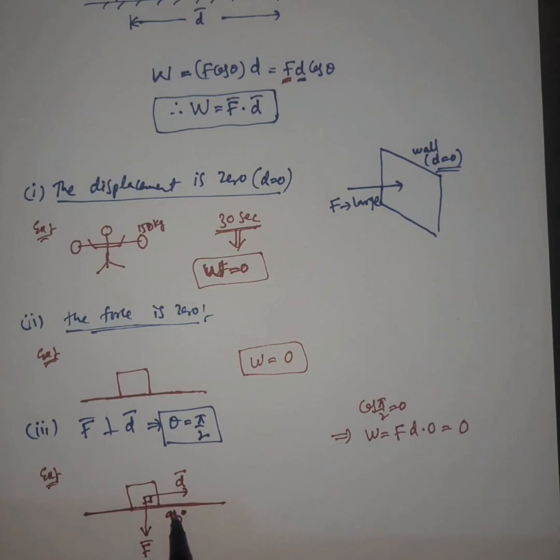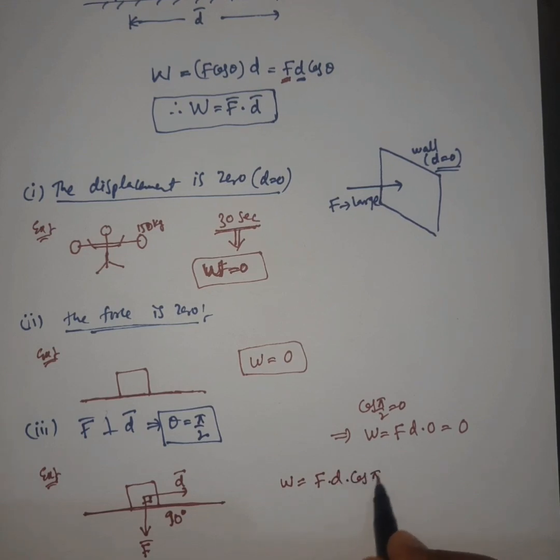Work done by the gravitational force on the block is 0, since F bar and D bar are perpendicular. Work done is F into D into cos 90, which is 0. So work done by the gravitational force on the object is 0, so it does not affect the block.